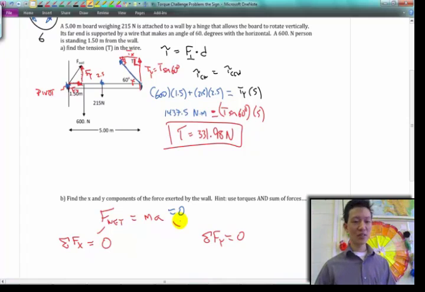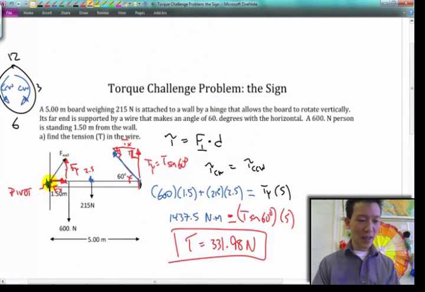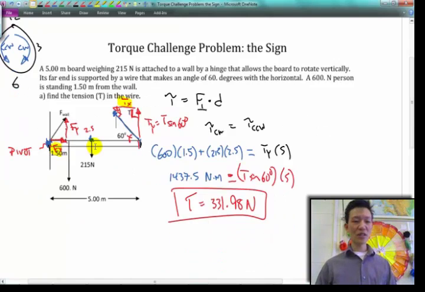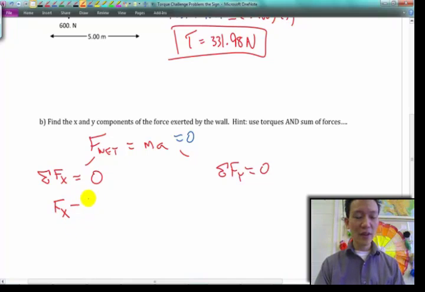In the x direction, what are the forces acting in the x direction? Sideways. You have the wall pushing in the x direction. And why doesn't this board fly out of the wall? What's pulling it back? You have the rope, pulling back in the x direction. So the forces acting in the x direction are the force of the wall in the x direction, and then the tension in the string pulling back.